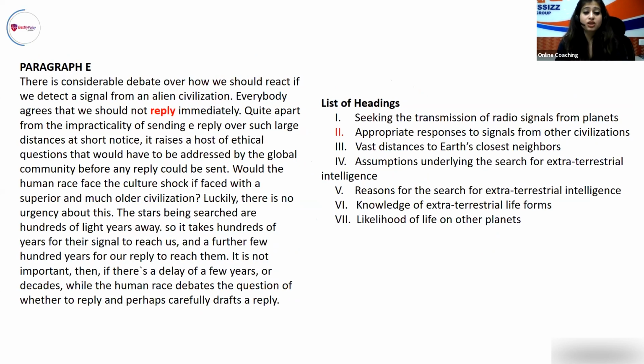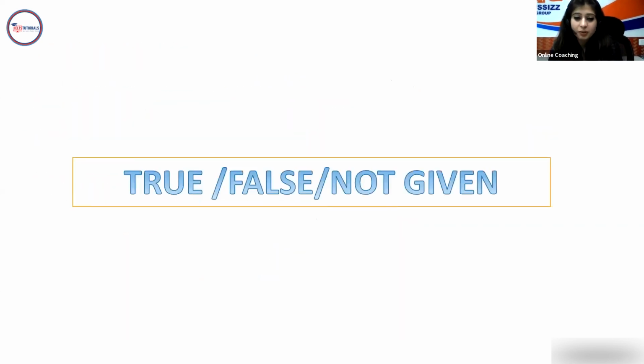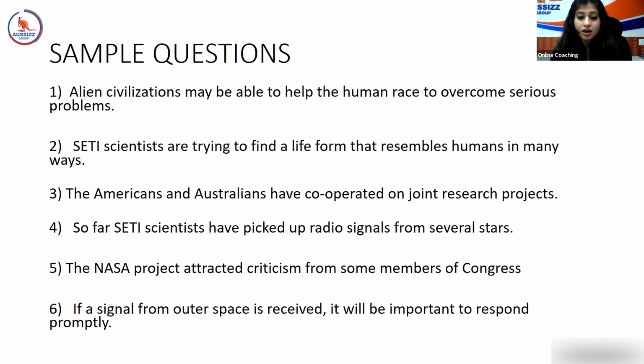My question says that we have picked up radio signals from several stars. We have, that means this activity, this is perfect tense, perfect past tense, that means this activity is already done. Whereas my line was in simple present tense, means it is an ongoing activity. Now, this particular information is contradictory information. This particular information is an information that contradicts, and hence this is false.